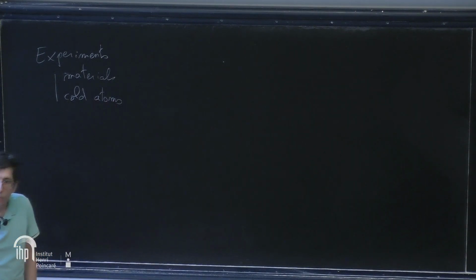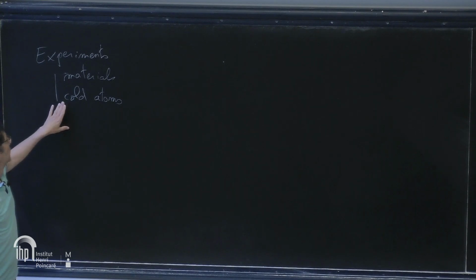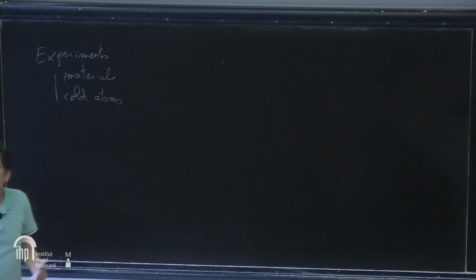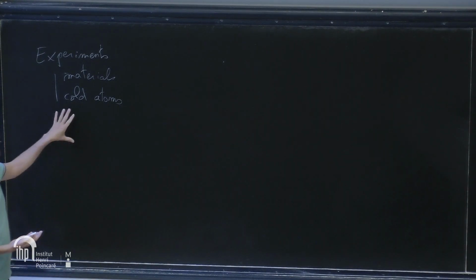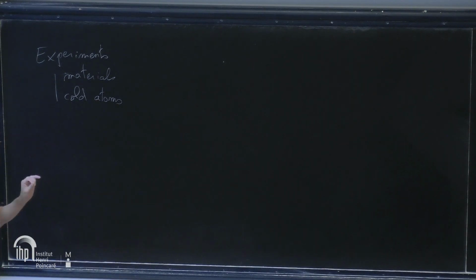So there are pros and cons for both platforms. We heard already in the previous days that cold atoms have very good control, which is nice because you will see that some of these models still need some fine-tuning maybe. There is the issue of temperature, and there is also the issue of maybe some defects.